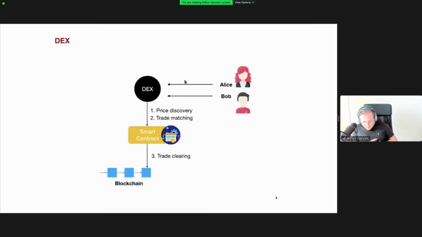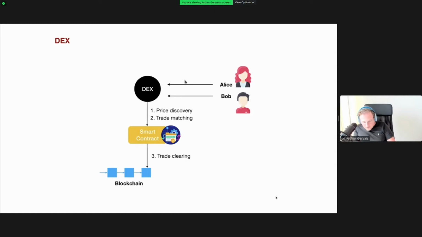So let's look at a bit more technical view of what a DEX or decentralized exchange is. In essence, a DEX is a smart contract application. All the rules that this contract should abide by are encoded in an open source smart contract. You can verify that this code is actually operating on chain. So if you interact with it, you're sure that your money is abiding by the rules of this public smart contract.